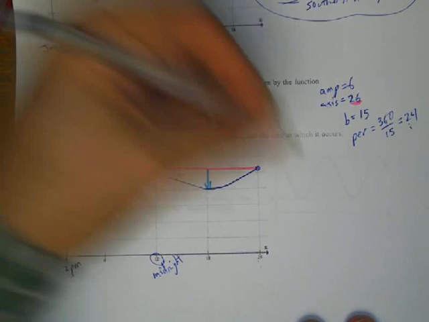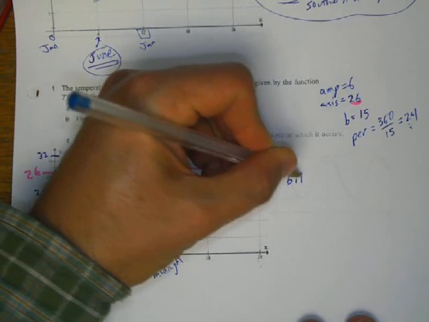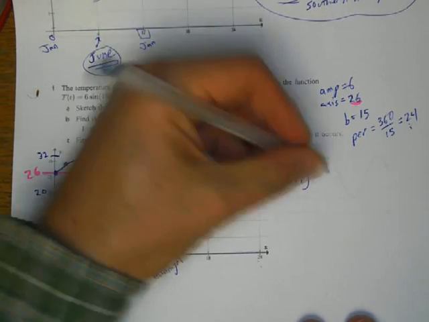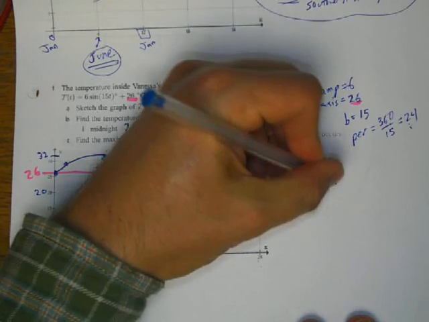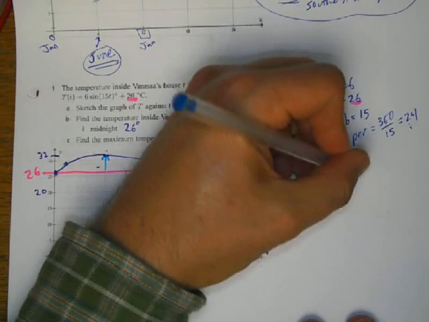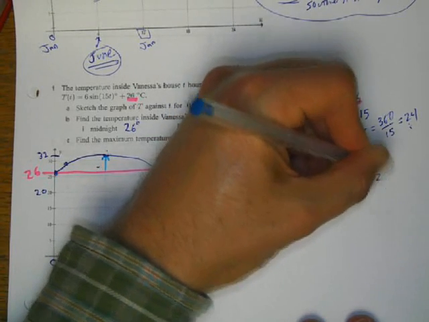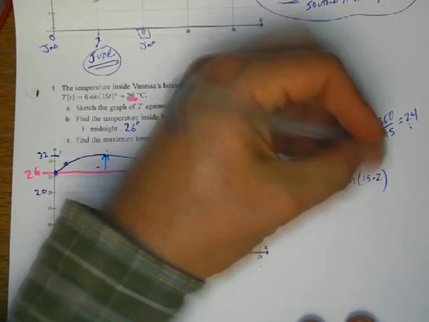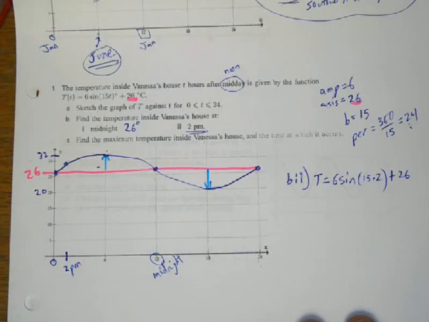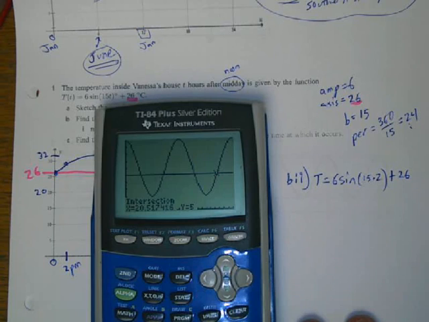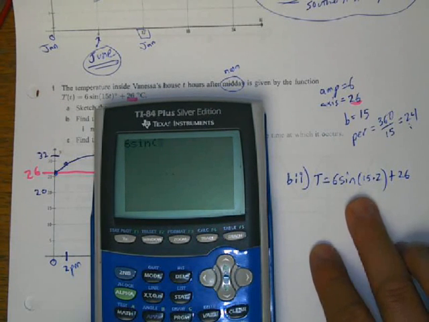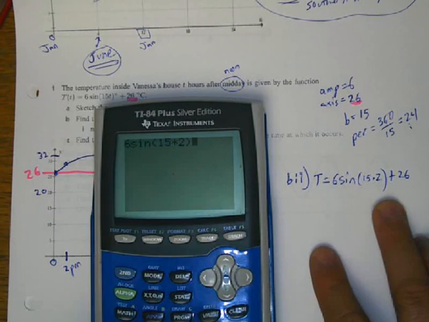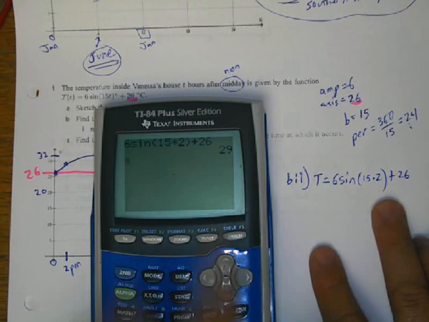So for B2, we have t equals 6 sine 15 times 2 plus 26. And we get 6 sine 15 times 2, close the parentheses, plus 26, and we get 29.